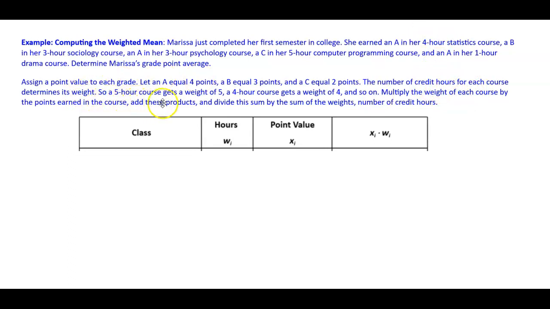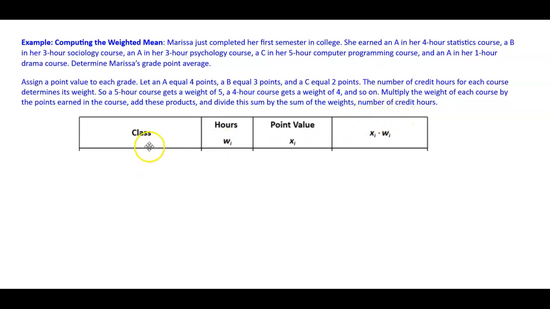So a 5-hour course gets a weight of 5, a 4-hour course gets a weight of 4, and so on. Then we multiply the weight of each course by the points earned in the course, add these products, and divide this sum by the sum of the weights, which is the number of credit hours.